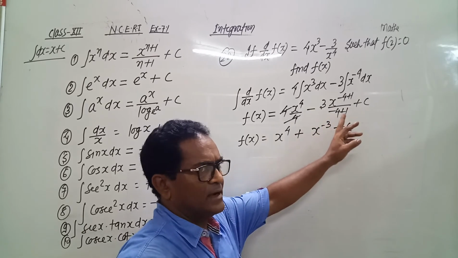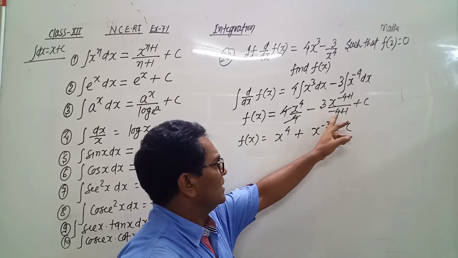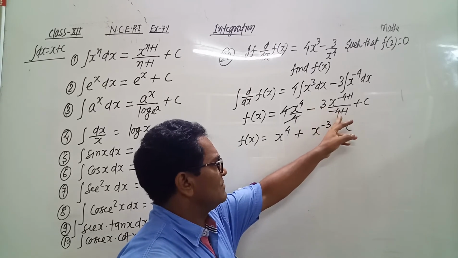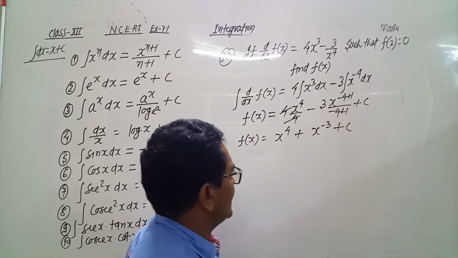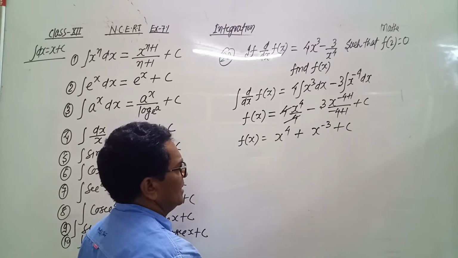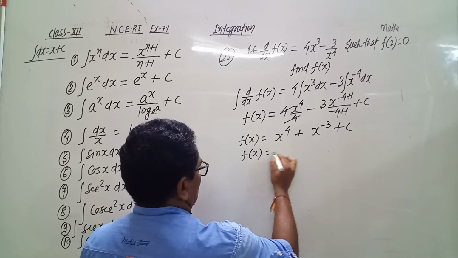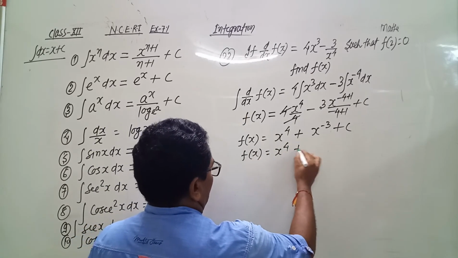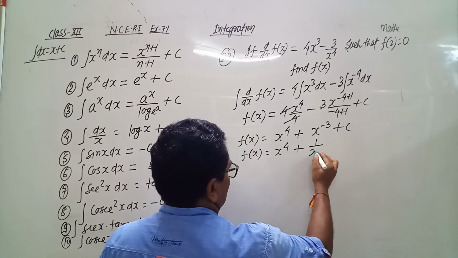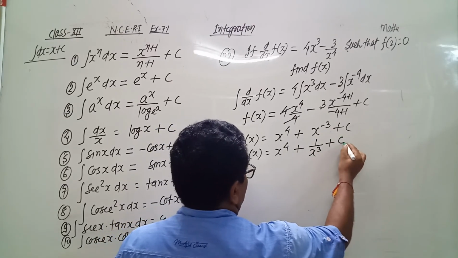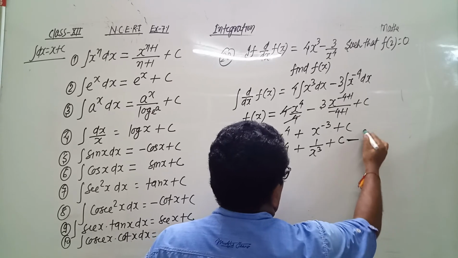Minus 4 plus 1 comes minus 3. So minus plus, and 3 cancelled and it remains x raised to the power minus 3 plus c. And f of x equals x^4. We will write in positive indices 1 by x cube plus c. Name it first equation.